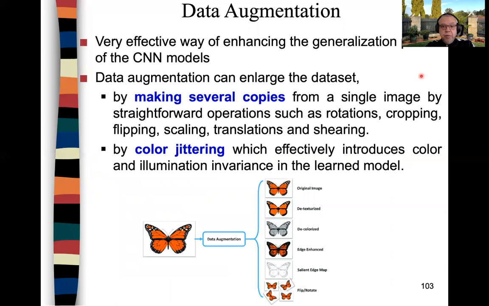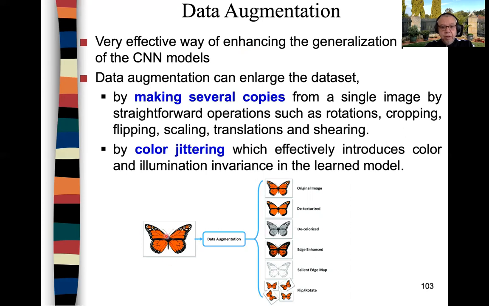So what is data augmentation? When you have a data set and your model is overfitting, meaning that you have a larger number of parameters compared to your number of labeled data, what you do is you augment your data.